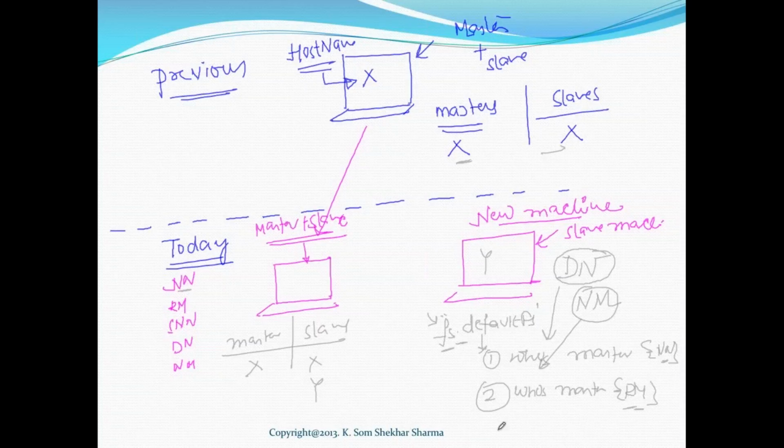Similarly, yarn.resourcemanager.address, I'm not going to write it in full, specifies the address of the resource manager. So observe, I have to do the same configuration right here also, because whatever address of the name node I have specified there, I have to specify the same here. Whatever address of the resource manager I have specified there, the property has to be specified here.